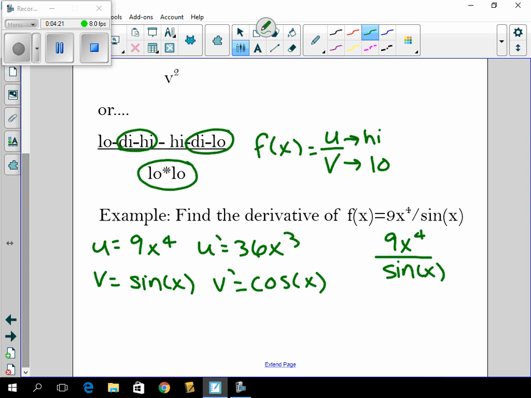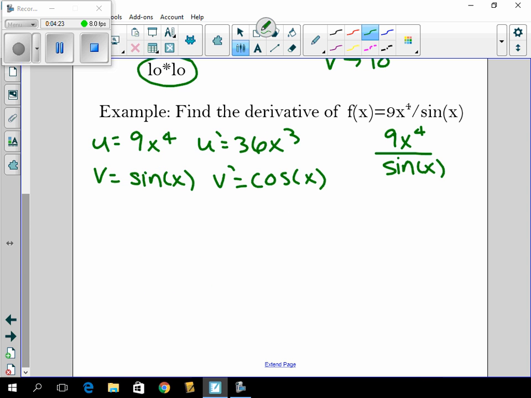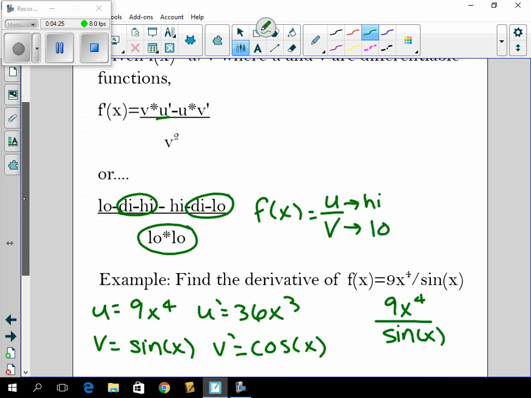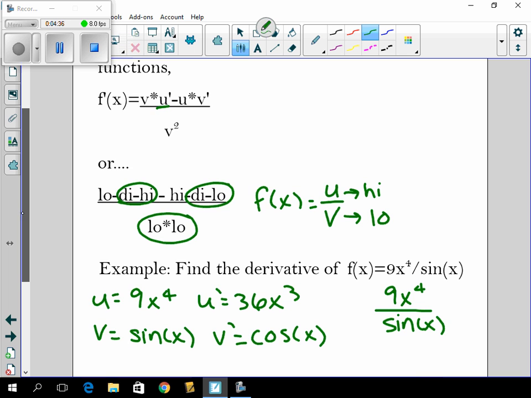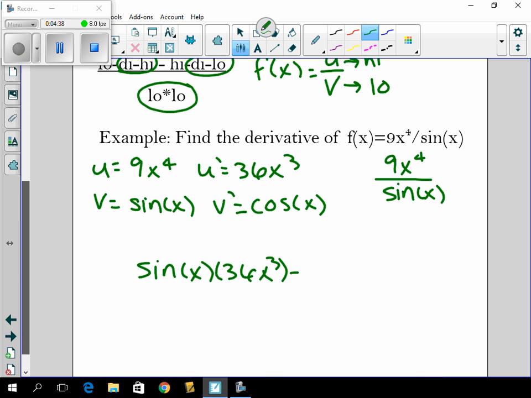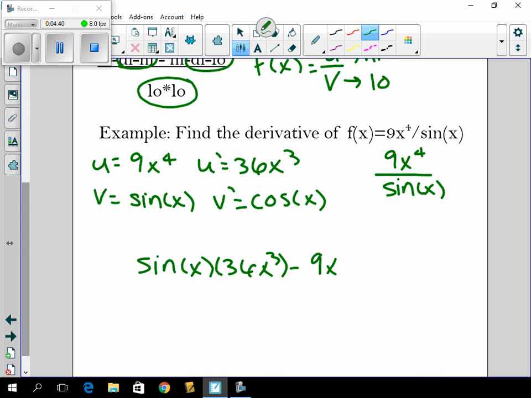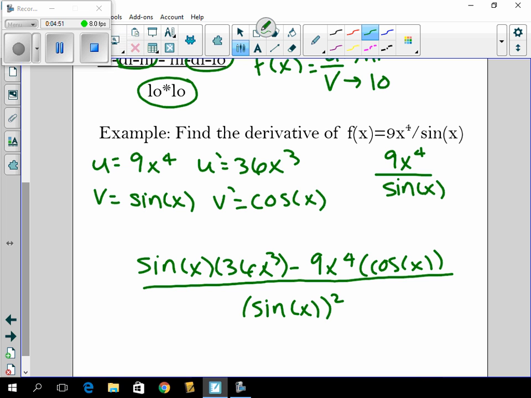So now I'm just going to plug it into my formula. So I look up, I see v times u prime, so sine x times 36x cubed minus u times v prime, 9x to the fourth times cosine of x, all over v squared, so all over sine x squared.